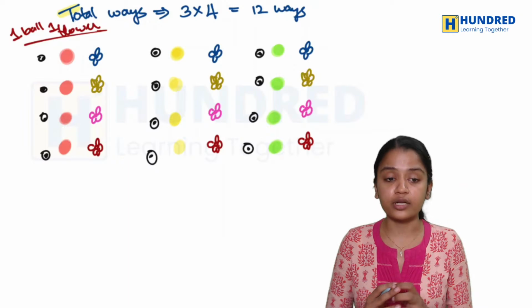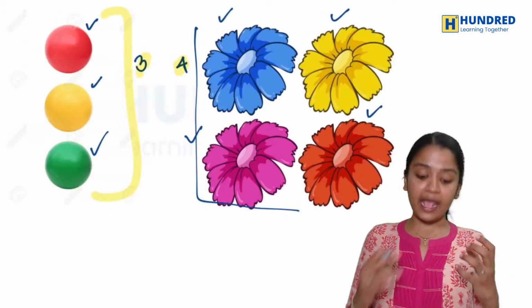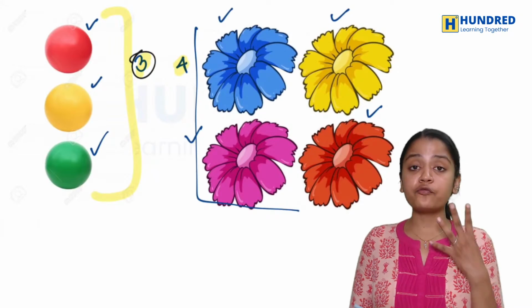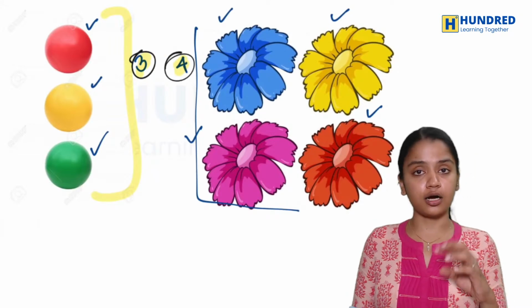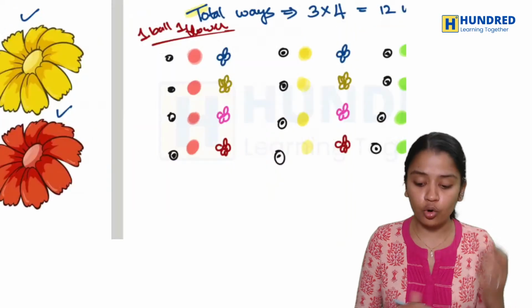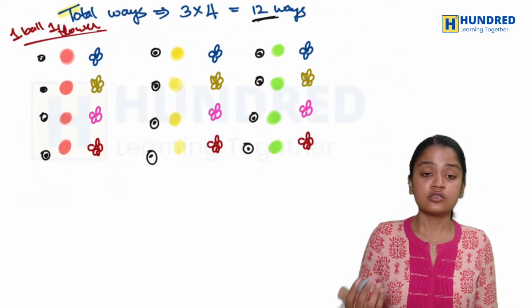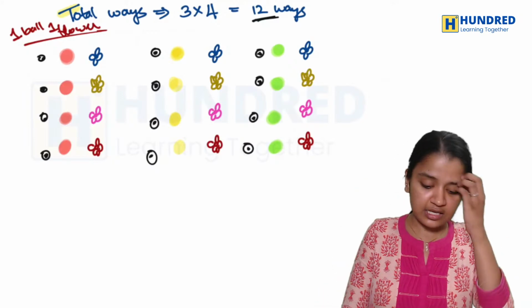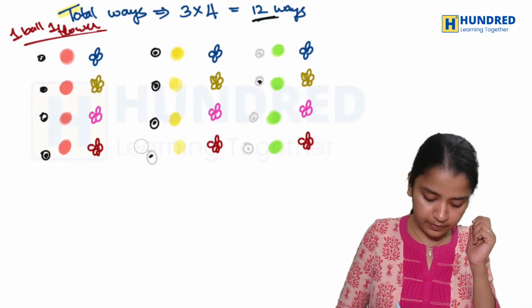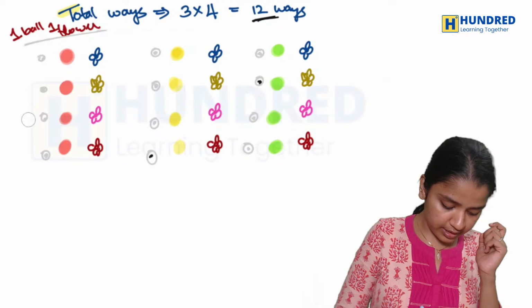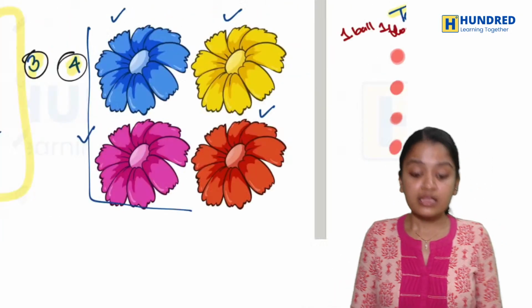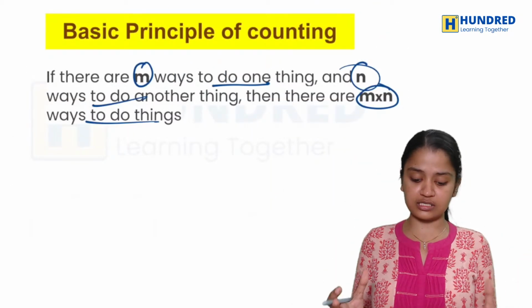So in total, you have 3 ways to take a ball and 4 ways to take the flower. So in total, I told you, you have 12 ways. I'm just erasing this so there won't be any confusion. So this is your first principle.